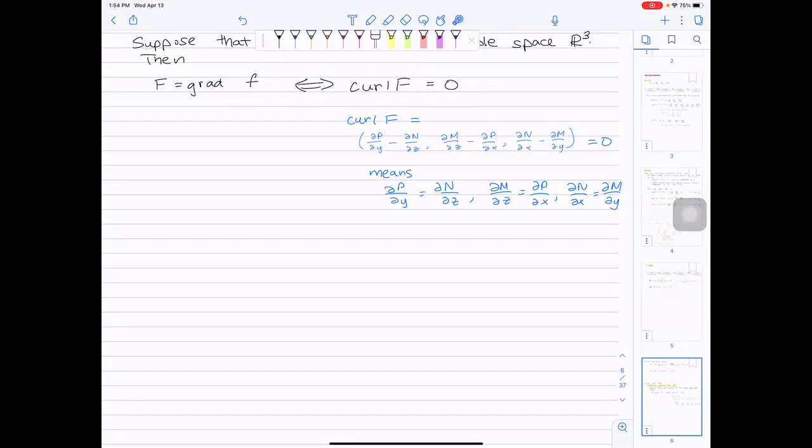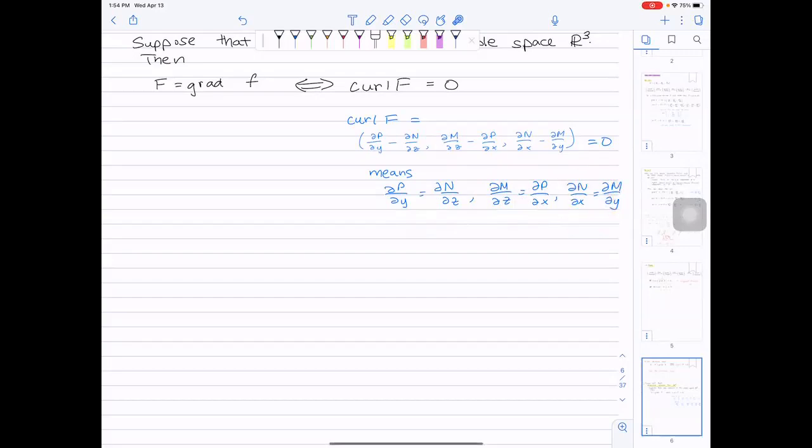For this first term, if the partial of P over y minus the partial of N over z equals 0, then when we add this term on the other side, we get that the partial of P with respect to y equals the partial of N with respect to z. So we get this first equality. If our second term equals 0, then we get this next equality. And if the third term equals 0, we get this equality.